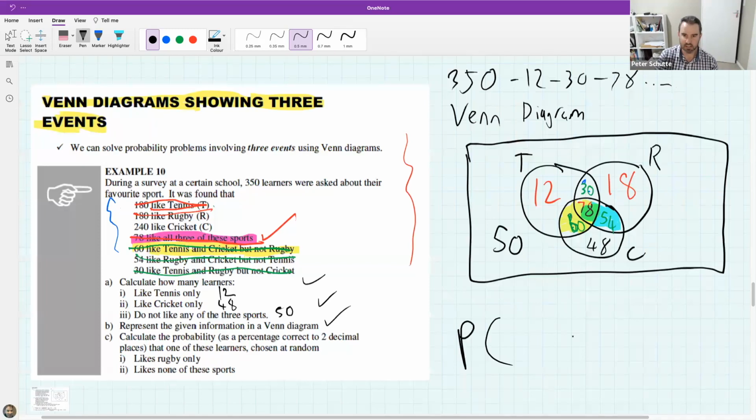So what is the probability that a randomly chosen learner from the group of 350 likes only rugby? So likes only rugby. Let me actually just write it in English. What do you think that is going to be?